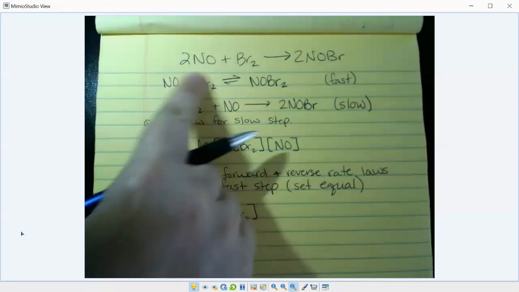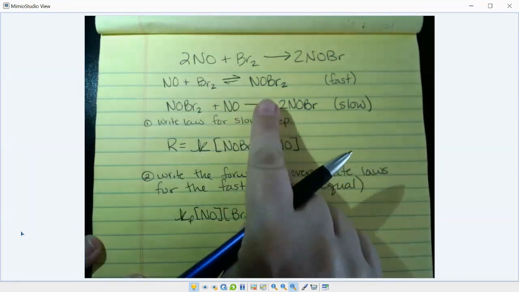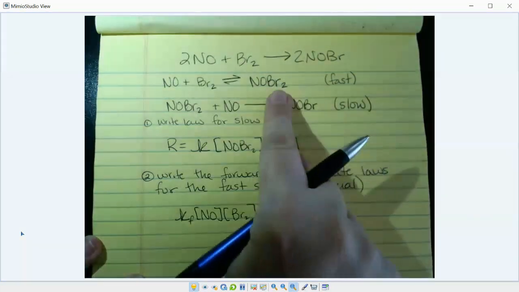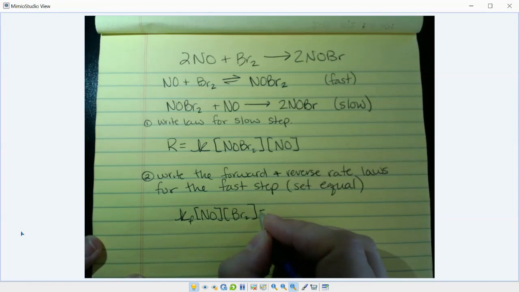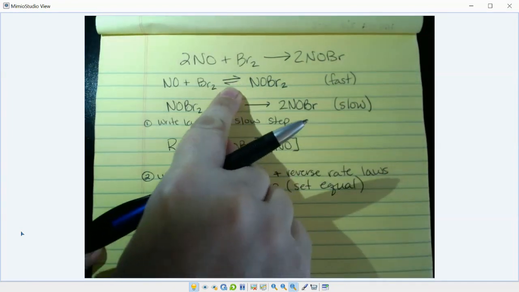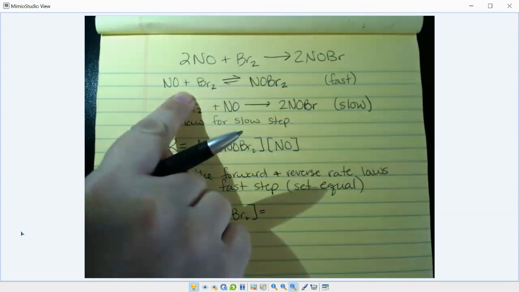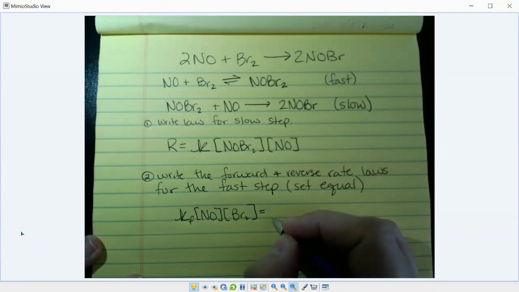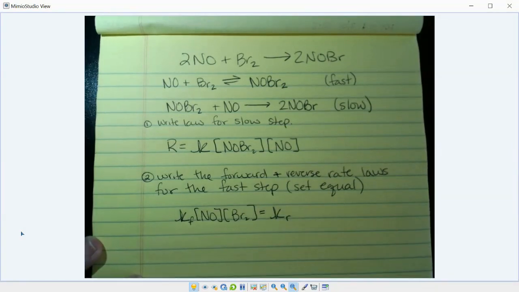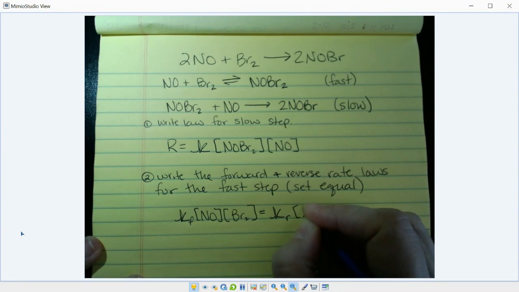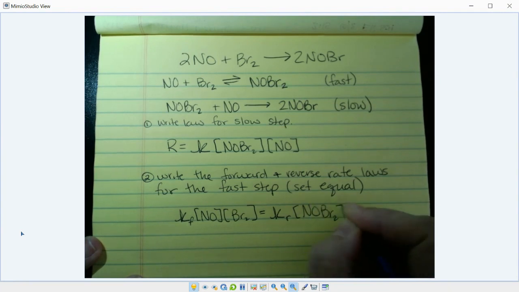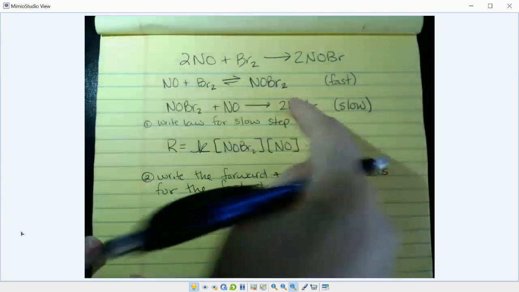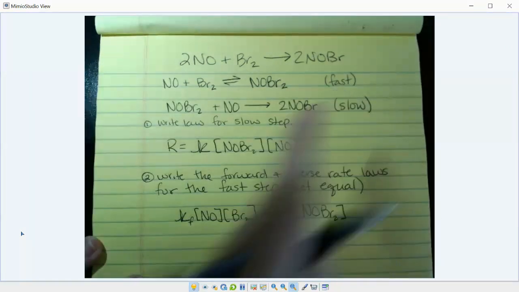So that's the reactants here. And then I'm going to do the same thing, but consider if I rewrote this reaction going in the reverse direction. So now this becomes the reactant. And I'm going to set it equal because that's what this two-directional arrow means, is that we're in equilibrium. So the rate at which we proceed to the right is equal to the rate at which we proceed to the left. So I'm going to say K, and then R for reverse, and concentration of that NOBr2. So that is the rate law for the forward and the reverse direction of the fast step.